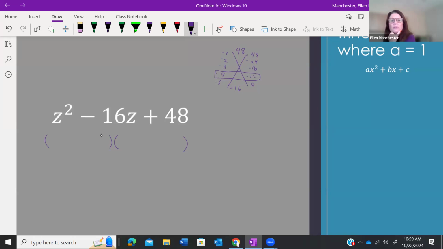Now you can go through and add these and you get -49, -26, -19, -16, and -14. So we know it's got to be -4 and -12. So we have z times z, we have -4 and -12.